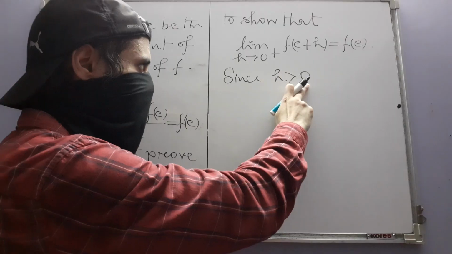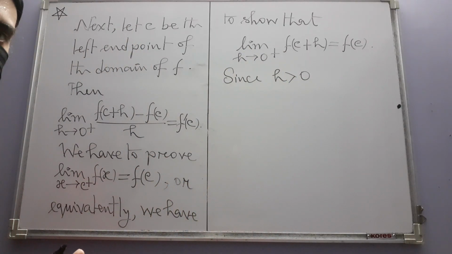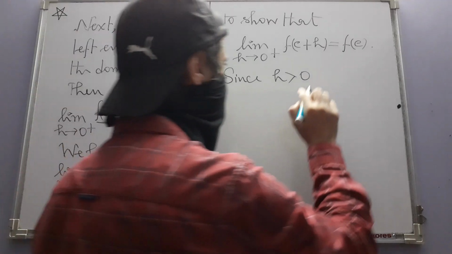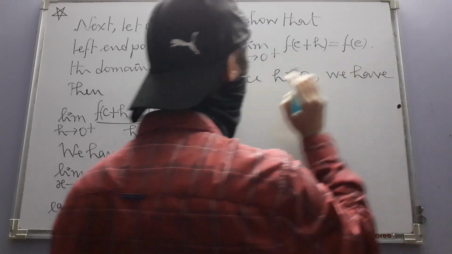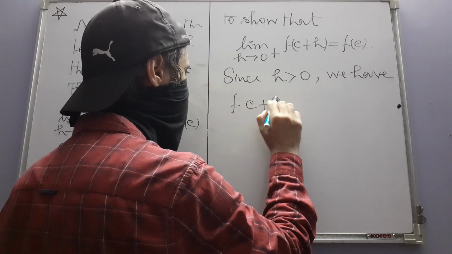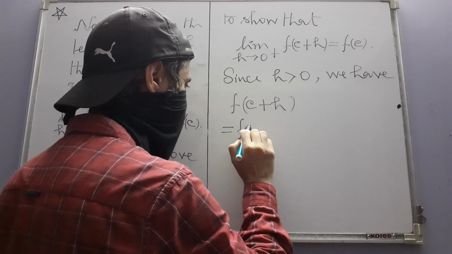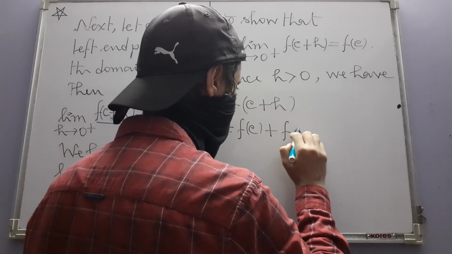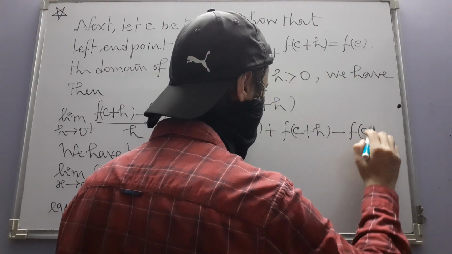But this shows that you are aware of the change in the situation right now. H is still non-zero, but more specifically h is positive. Via f of c plus h, writing c plus h like that, there is no change, it's identical to what we did before, minus f of c.